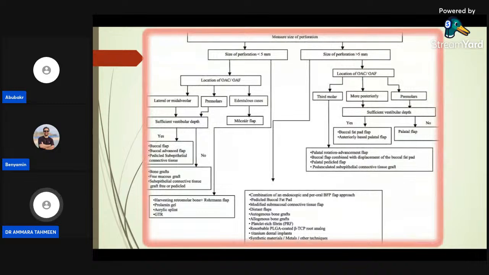Again, how do you decide on the surgical procedure? It is based on the size of the perforation. As I said, if the oroantral communication is less than 2 mm, it usually heals by itself with good clot formation.